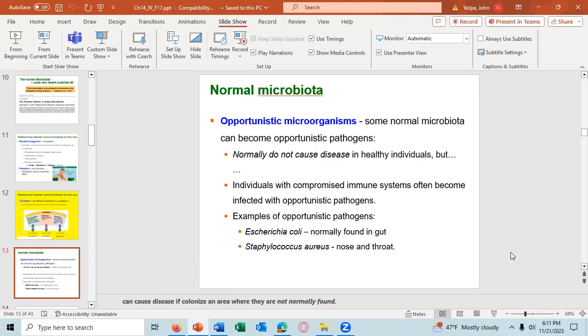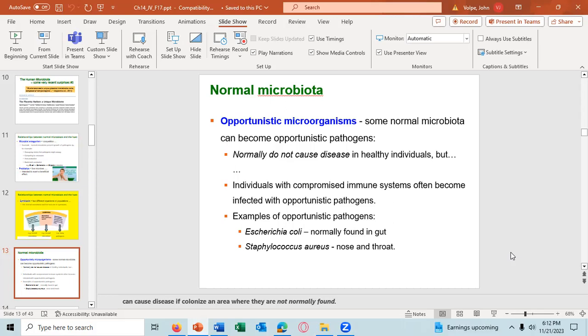Normally, in a healthy individual, their immune system will prevent the normal microbiota from ever getting established internally in the body. But occasionally, some normal microbiota can cause disease, in which case we call them opportunistic microbes.